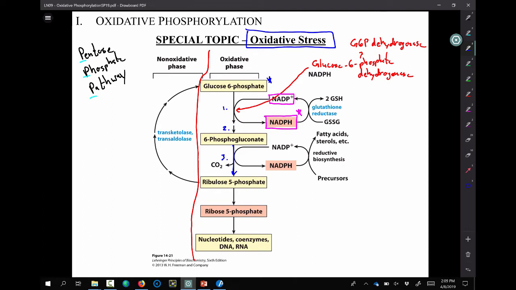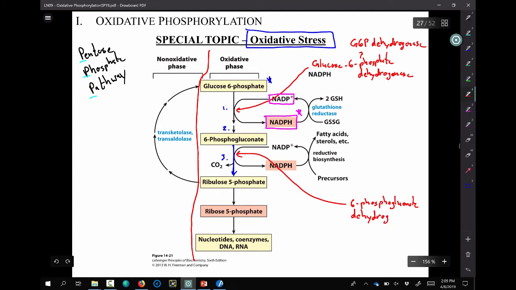The enzyme there is something that we call 6-phosphogluconate dehydrogenase. That's fun to say, that's fun to spell. That enzyme also uses a mole of NADP plus and will also then make NADPH.